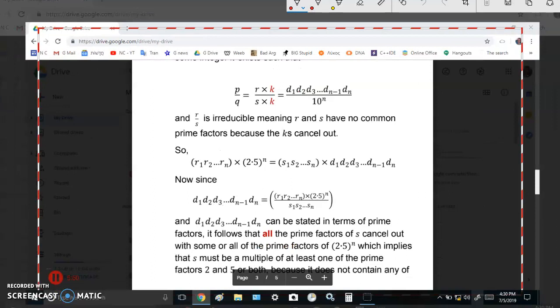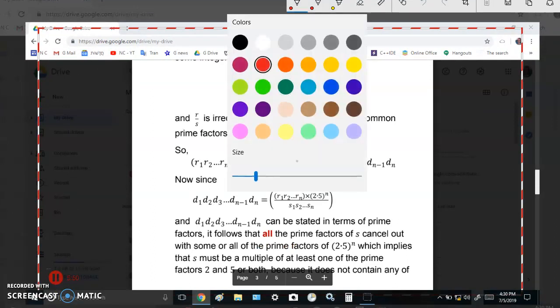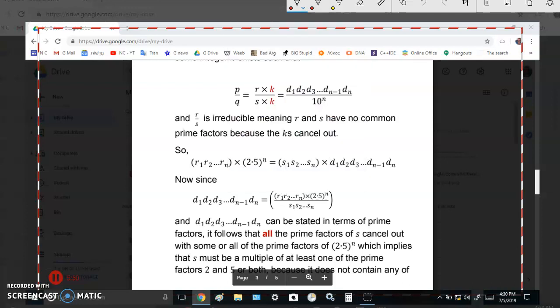Okay, so over here, let me use a red pen. That's good. So you see this expression over here, in this line, right over here. It means that 3, which is down here, because when you've got 3 at the bottom, that's all you have, must divide 2 times 5 to the power of n.